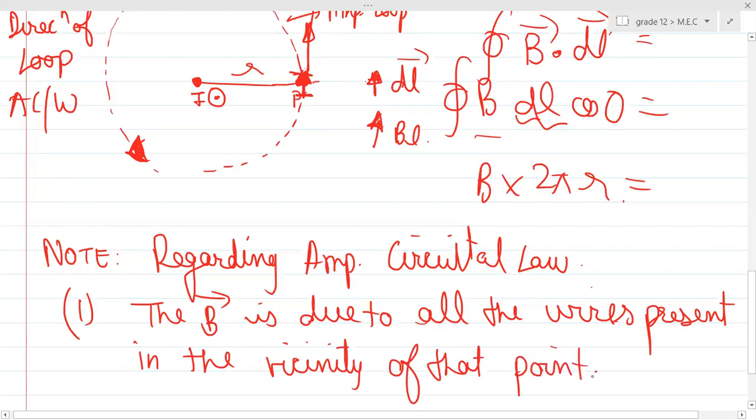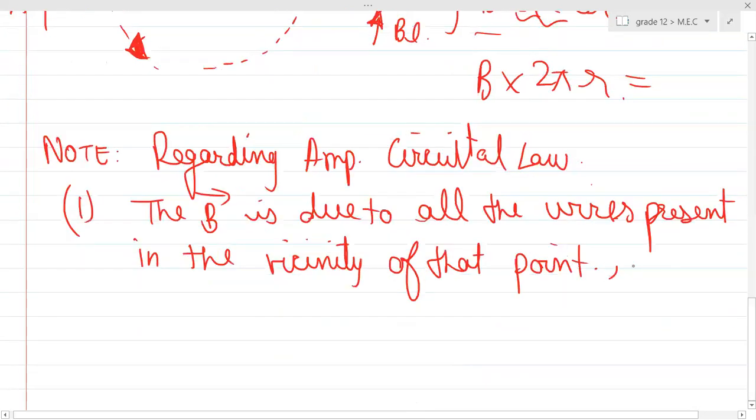So the magnetic field is due to all the wires present in the vicinity of that point. Just like Gauss's theorem, do you remember the electric field was due to all the charges present in the vicinity, right?